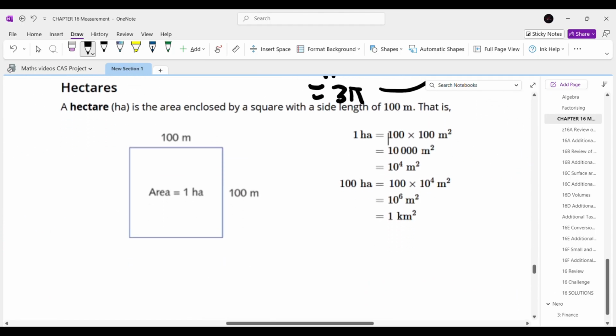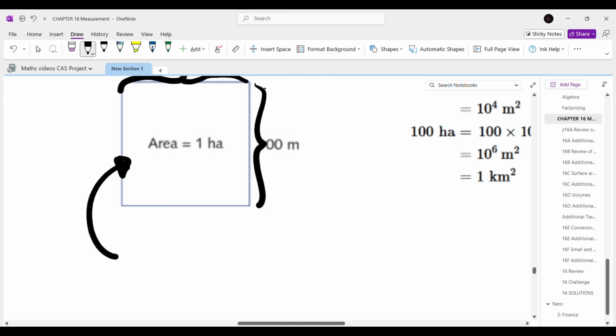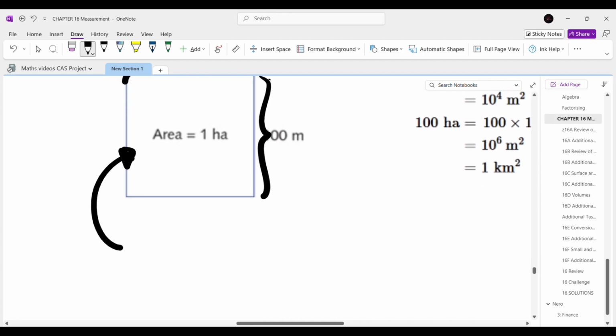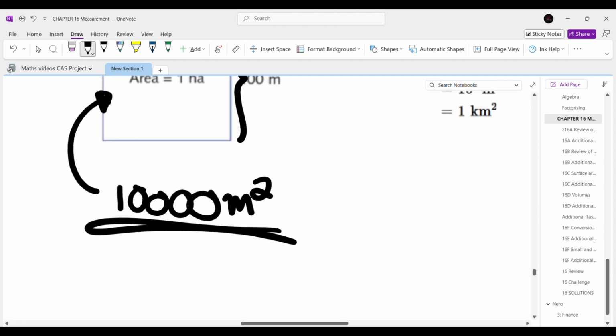Now, hectares are a special unit for area. It's just 100 meters by 100 meters. This means it's 10,000 meters squared.